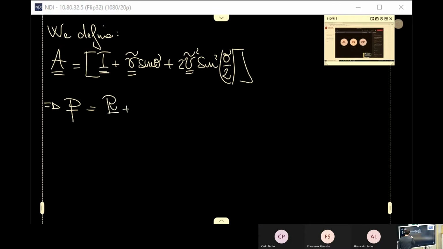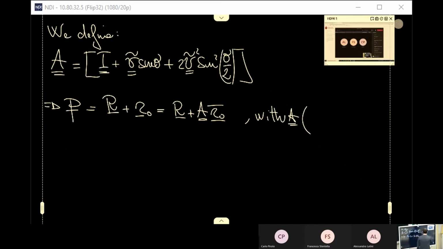R plus, as we said, R0 without an overbar initially, which is then equal to R plus A acting over R0 with an overbar. You see? A depends only on what? On the vector V, because you remember that this matrix V tilde is built starting from the components of the unit vector V, which is the axis of rotation, and the rotation itself.